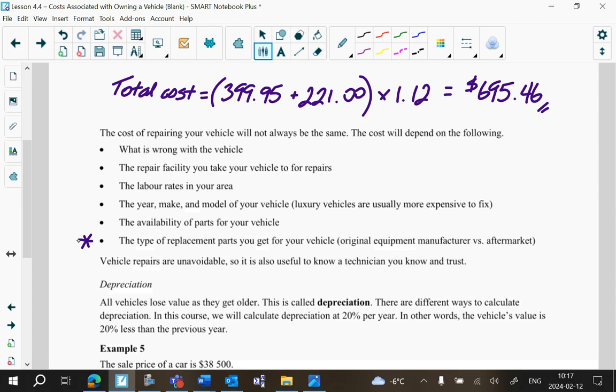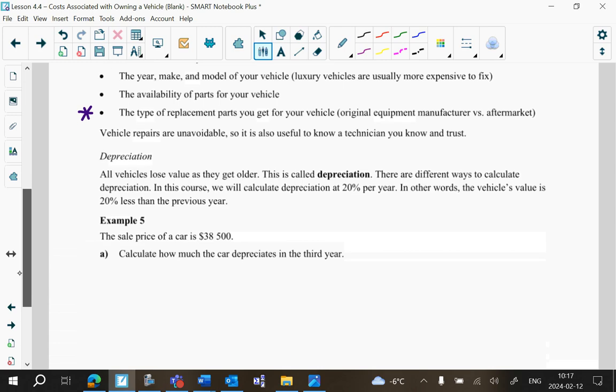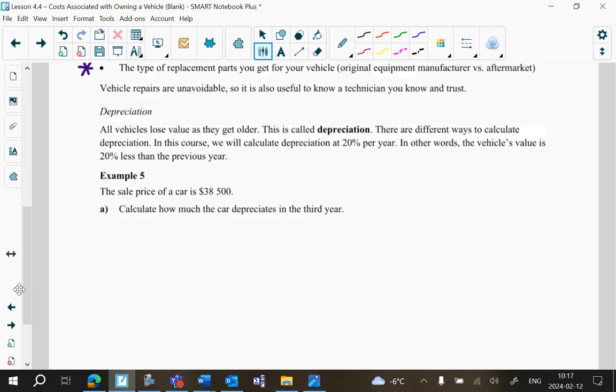Okay, finally, depreciation. Depreciation means when something loses value. Okay? So vehicles depreciate. When we talked about houses in Unit 1, they appreciate.